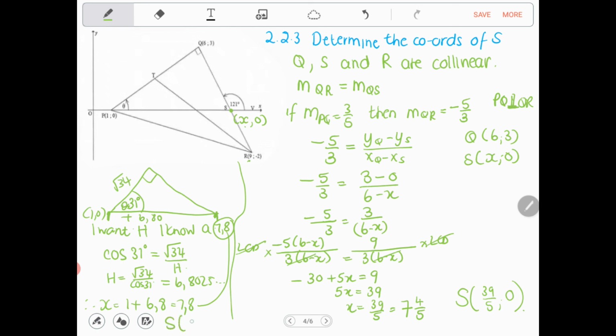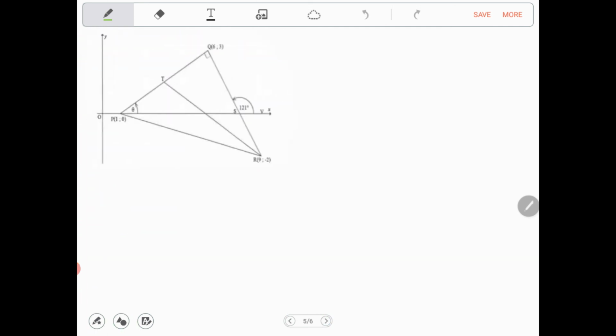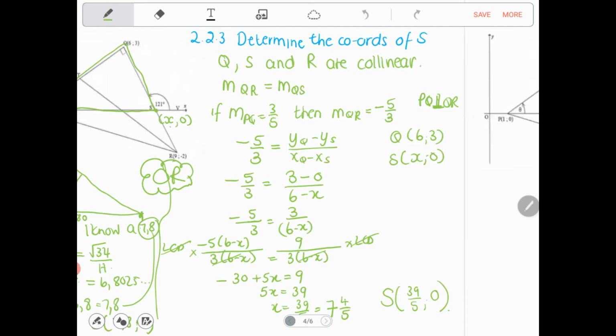So I would have got S as (7.8, 0), and 7.8 is the same as 39 over 5. So you could also use trig in this triangle if you would like to try that way as well. You're going to get the same answer. So these are both solutions to the same question.